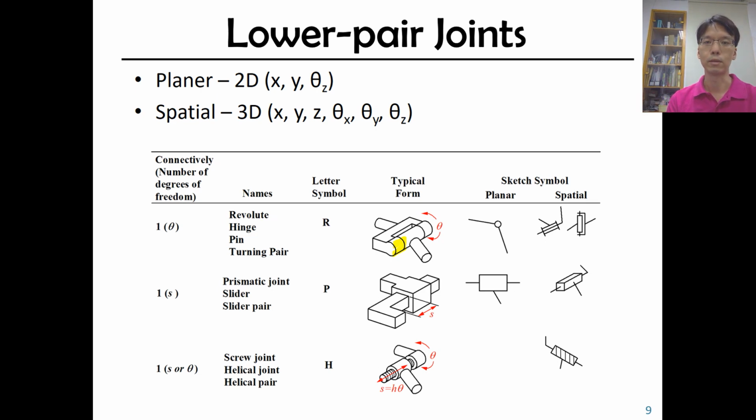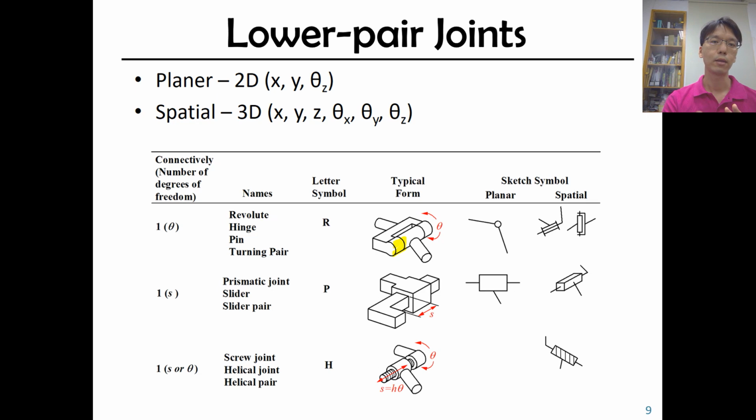Before we take a look at a lower pair joint, let's define something. We mentioned before there are two types of mechanism we are going to discuss in this course, and we'll mainly focus on the 2D case. The 2D case is also called a planar mechanism, and the 3D one is also called spatial.